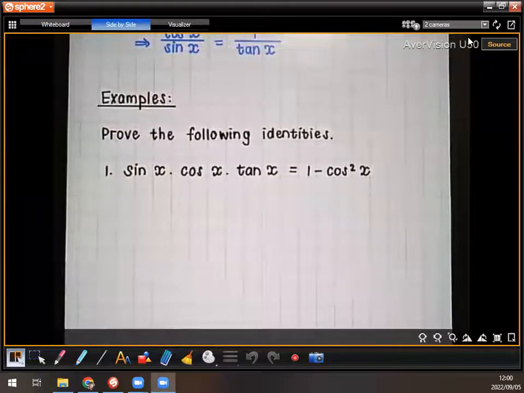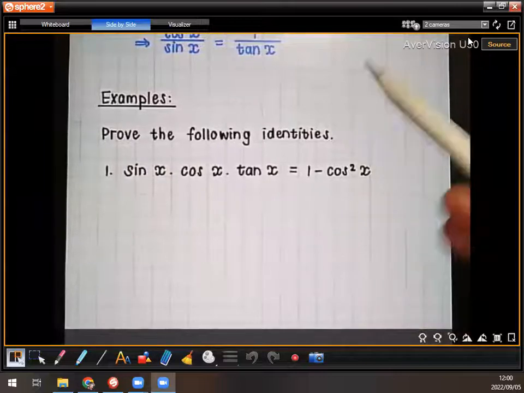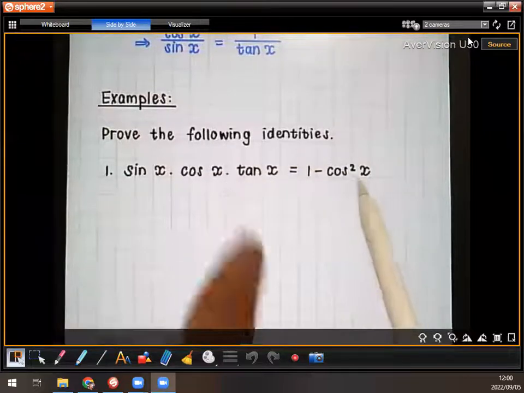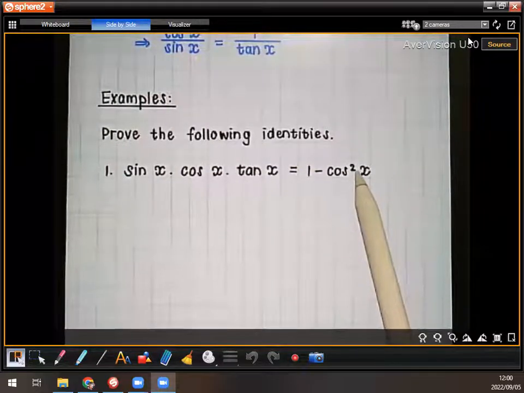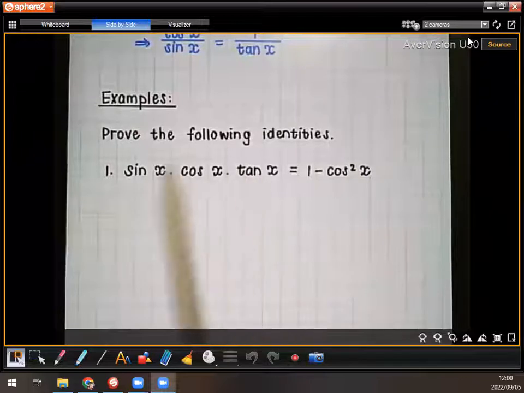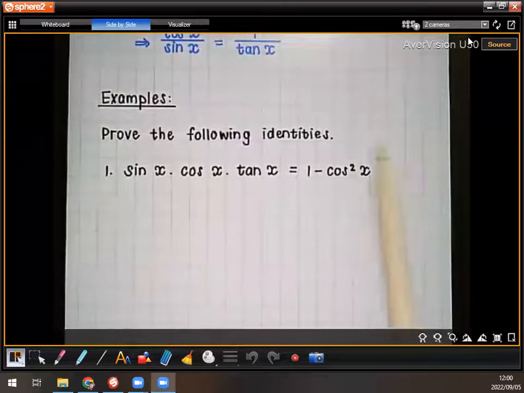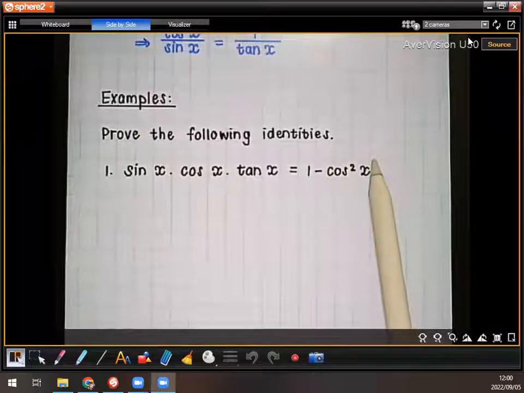So what they want us to do is show that what we have on the left-hand side is in fact equal to what we have on the right-hand side. So we're going to start by working on the left, do all sorts of things, and change it into 1 minus cos squared.